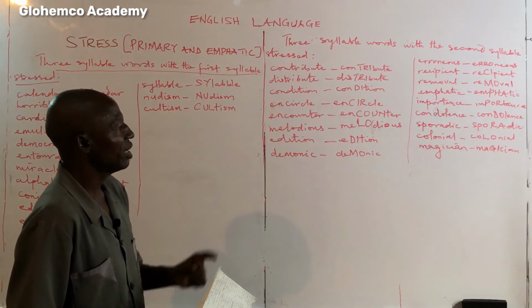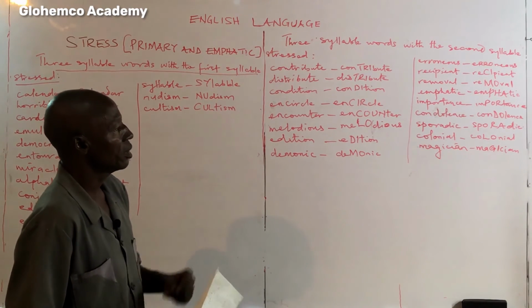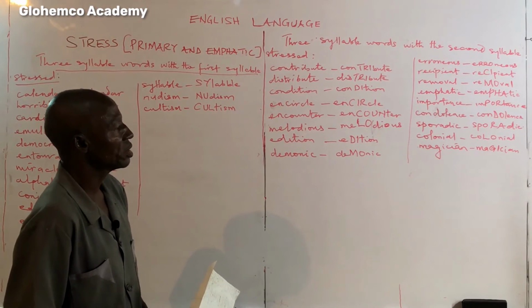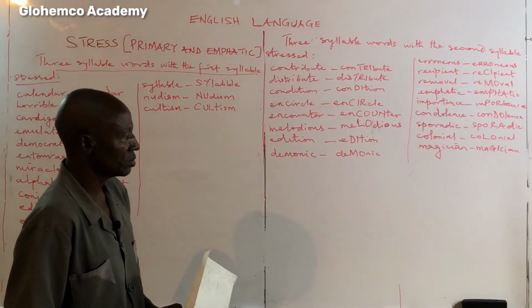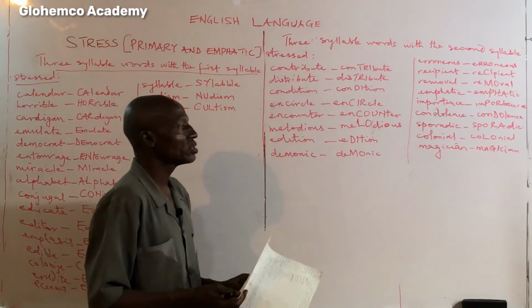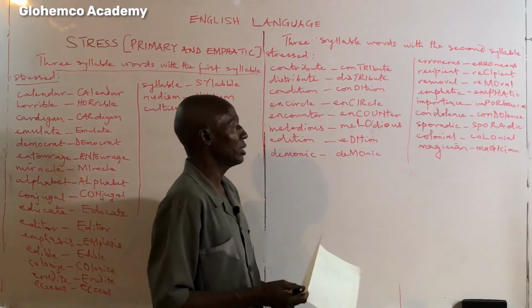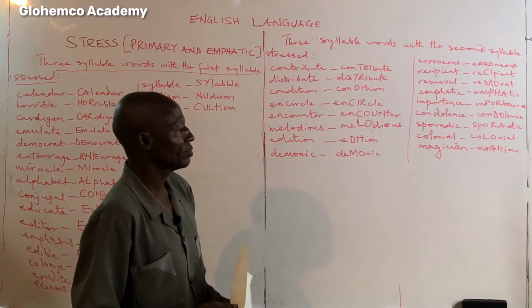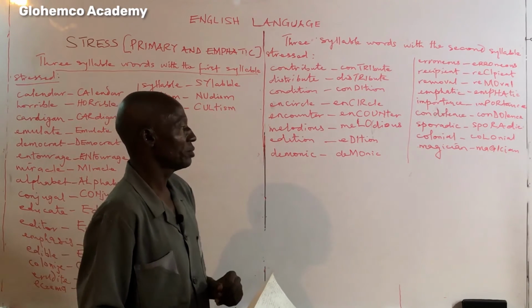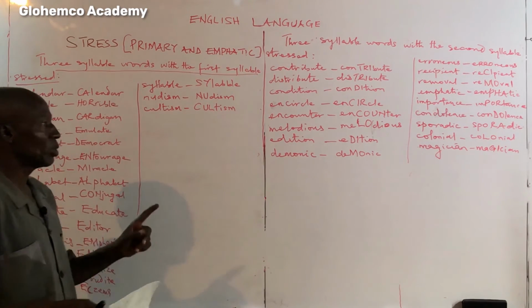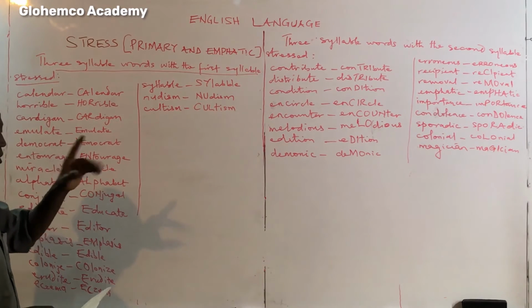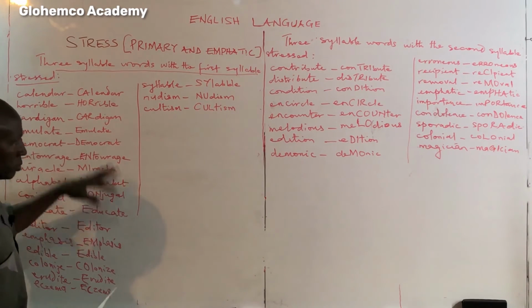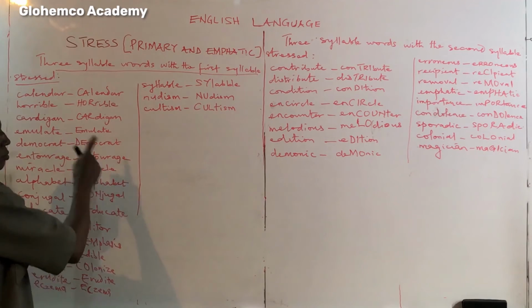Remover. Emphatic. Importance. Condolence. But there are people who say what? You say condolence. Condolence. Sporadic. Colonial. Magician. You know, the pronunciation is different from this one. This one is different.